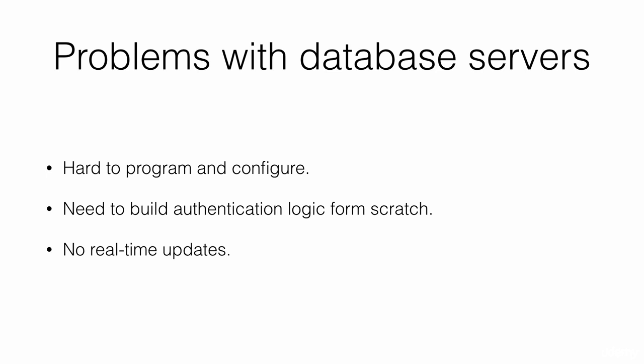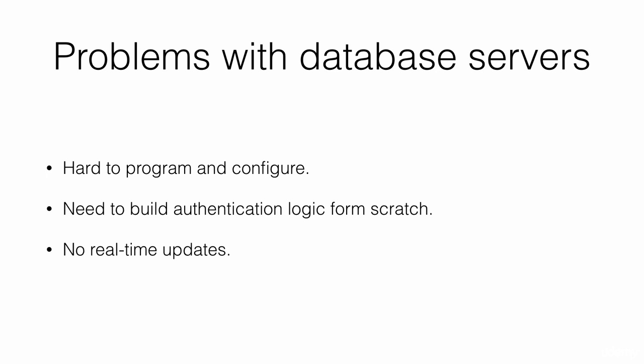The next biggest disadvantage of a database server is that it provides no real-time updates. For example, if you have a website or an application connected to a backend server, when the data in the backend gets updated, the updates are not reflected in real time on your application or website.